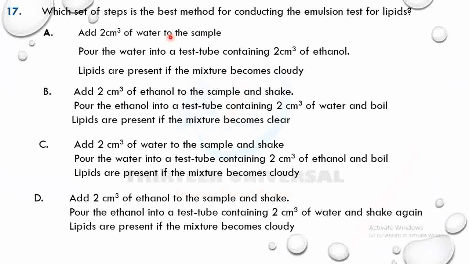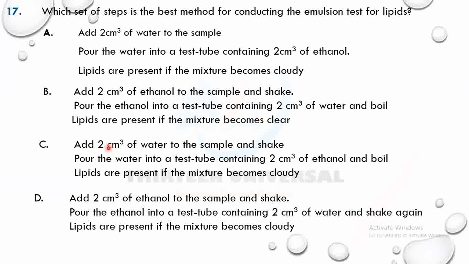No, you don't add water to the sample, because lipids are not soluble. B says add 2 cm cube of ethanol to the sample and shake. Yeah, that's correct. You're getting it. Pour the ethanol into a test tube containing water. That's good. And boil. No, you don't boil, so this is out.